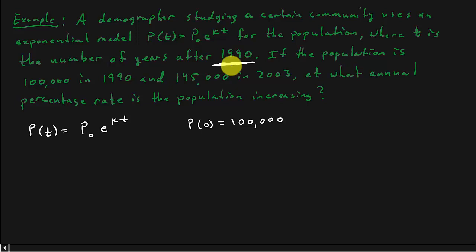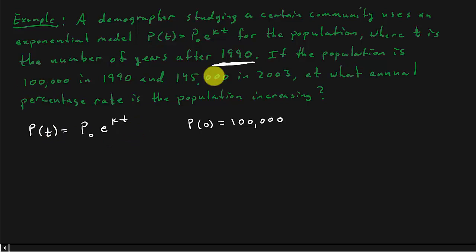So that's your initial year, the year t equals 0. So if I plug 0 in for t, I should get 100,000 as an answer, because P of t represents the population.